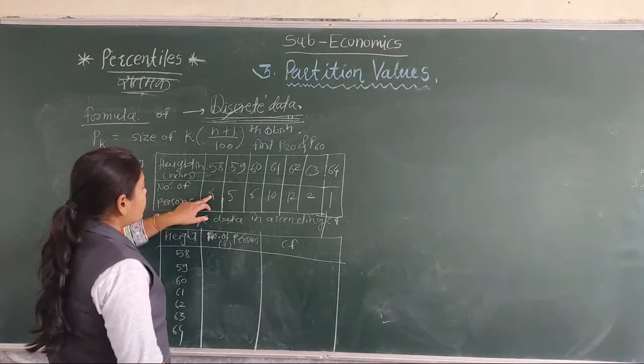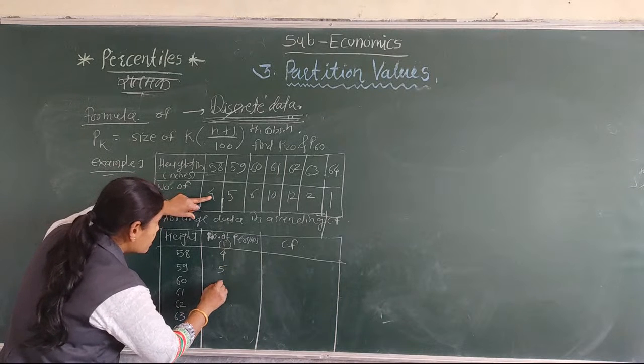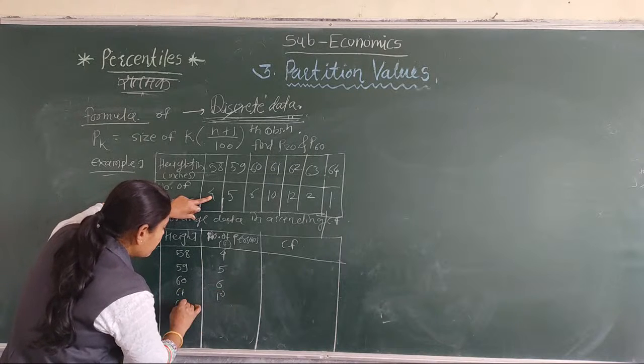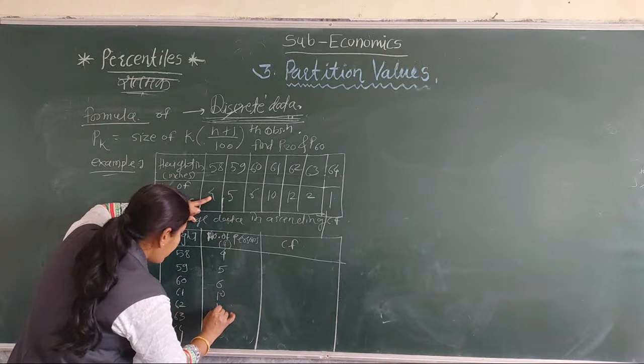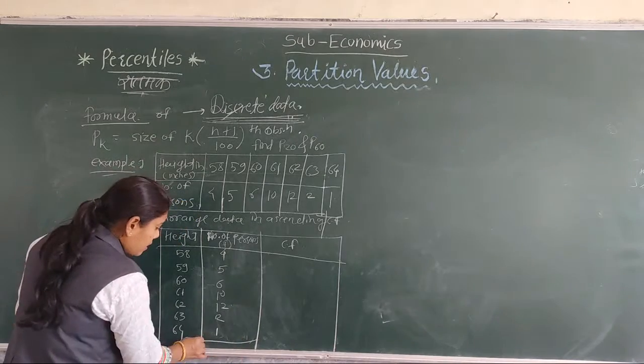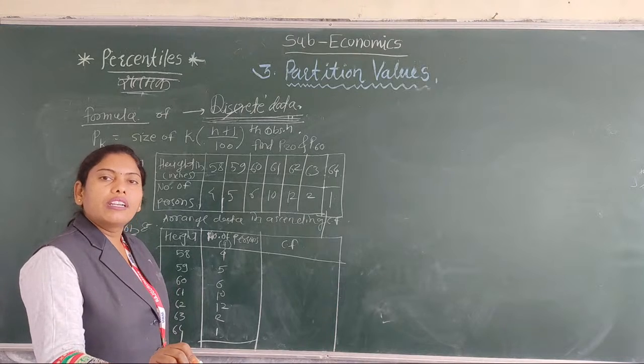Then write the frequency of these classes: 4, 5, 6, 10, next one is 12, 2, and the last one is 1. And then calculate the cumulative frequency of the given data.